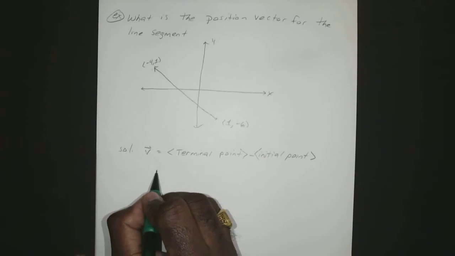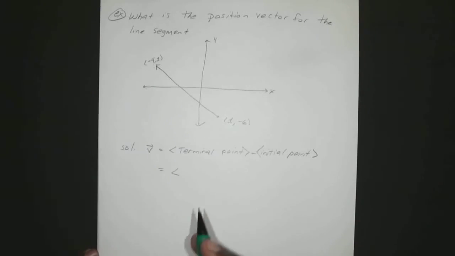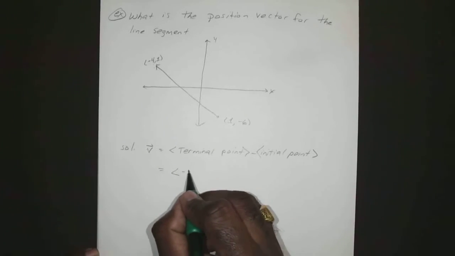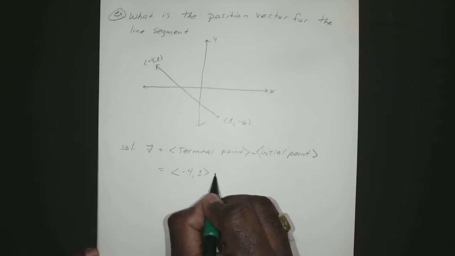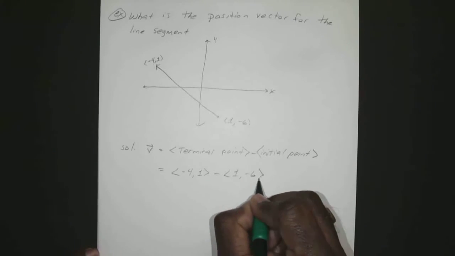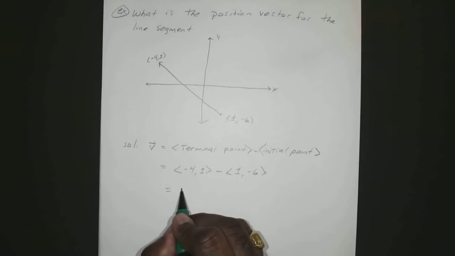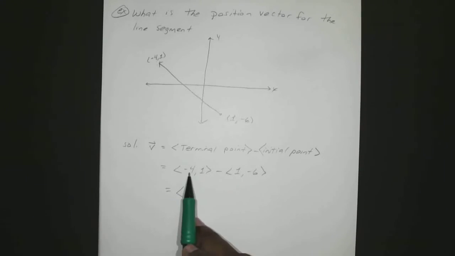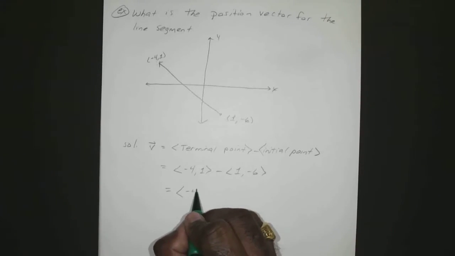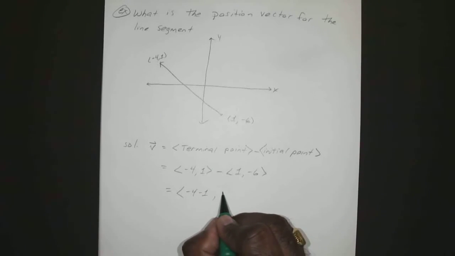Okay. So that would equal your terminal point, which in this case is negative 4, 1, minus your initial point, which in this case is 1, negative 6. Okay, so that gives us the vector negative 4 minus 1, and 1 minus negative 6.